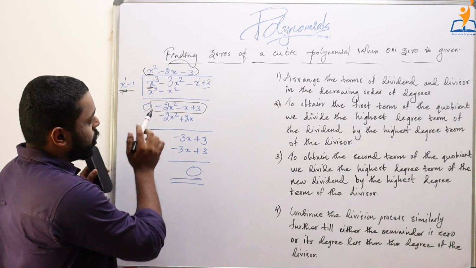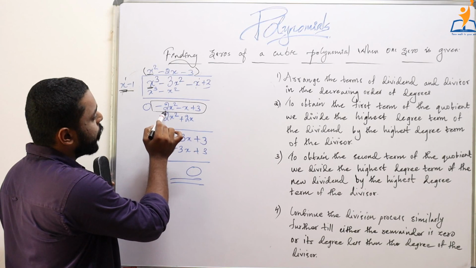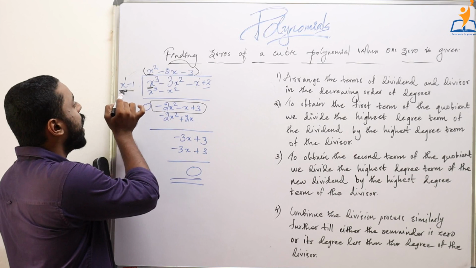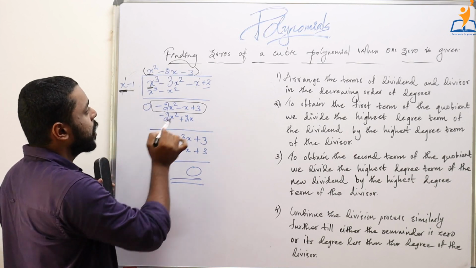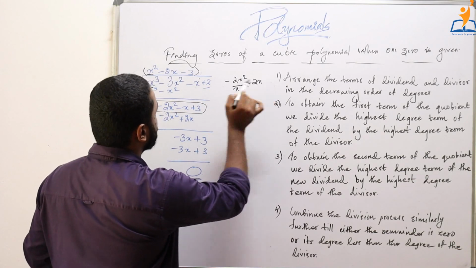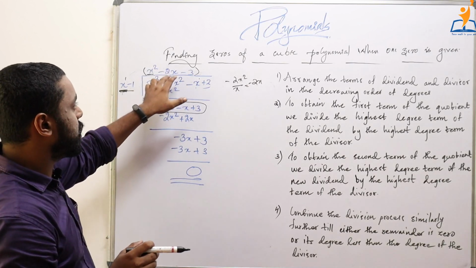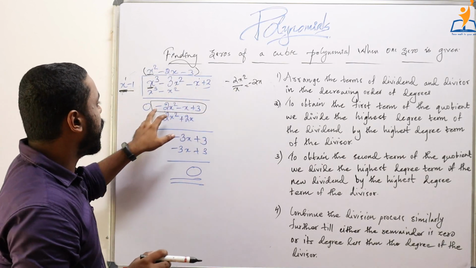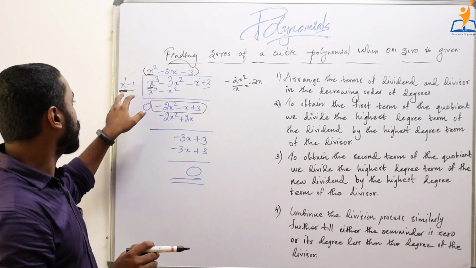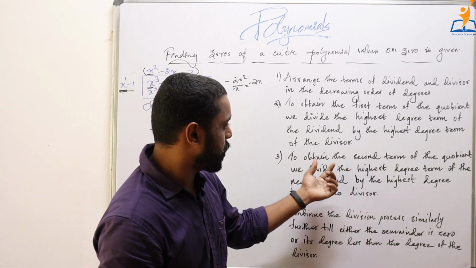We divide minus 2x square, which is the highest degree term of the new dividend, by x, the highest degree term of the divisor. So minus 2x square by x equals minus 2x, which is the second term in the quotient. Okay, the third step is over.